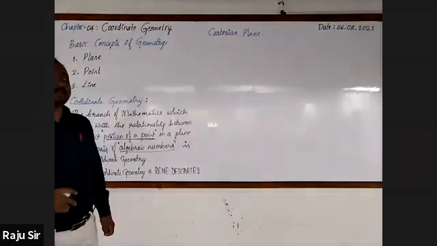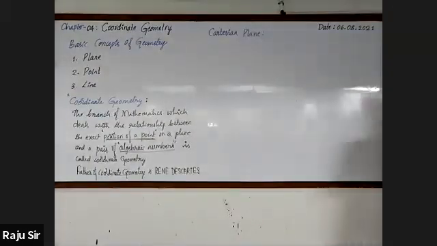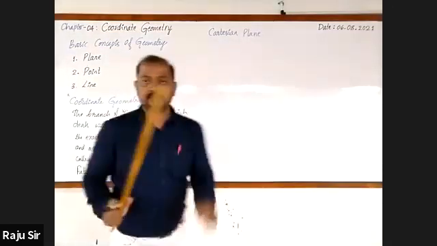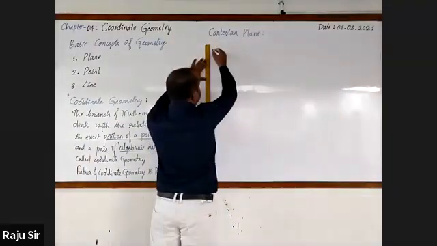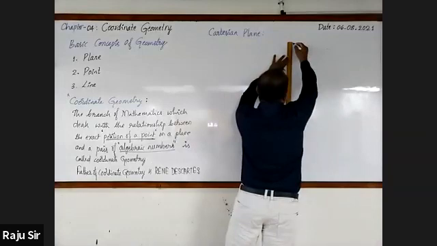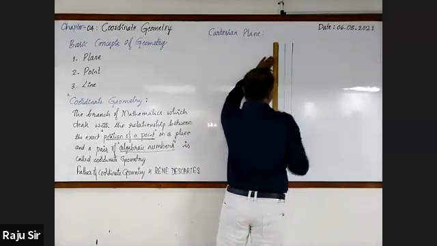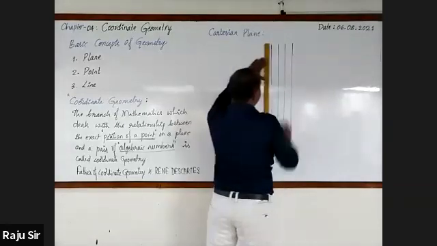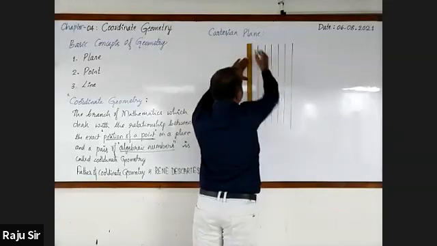Just take a scale and pencil and draw, to show the Cartesian plane, as quickly as possible. In your notebook, horizontal lines are already there, so you can draw quickly.